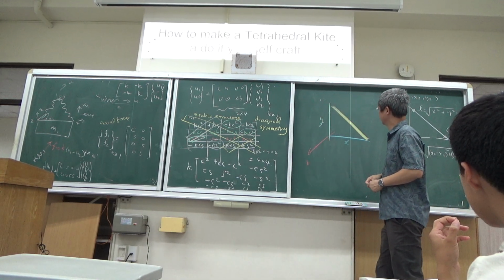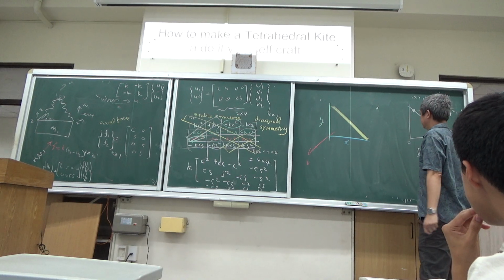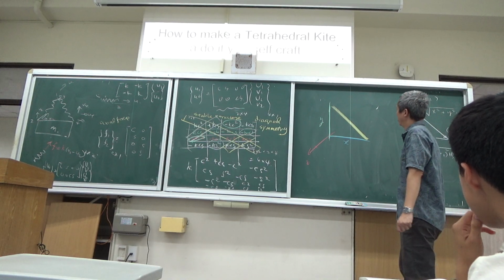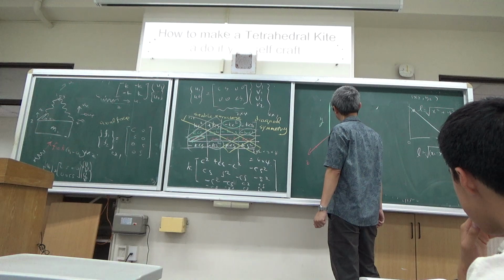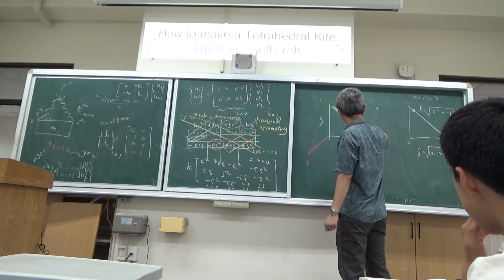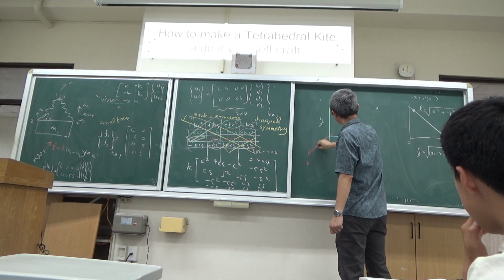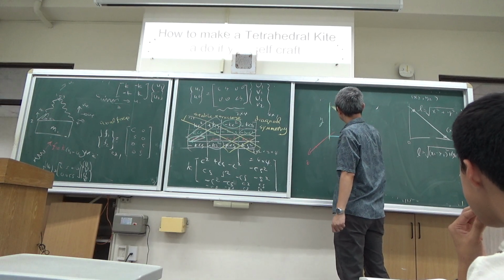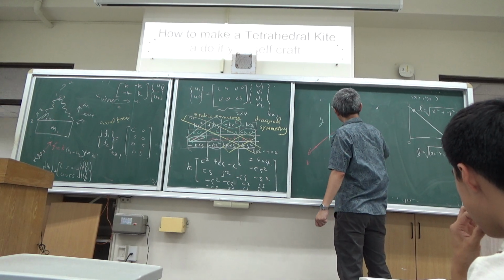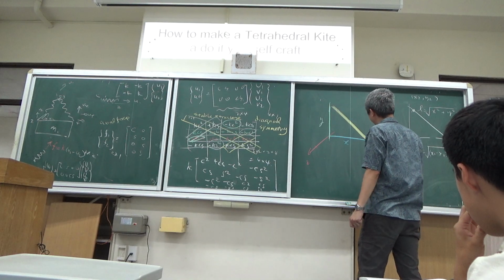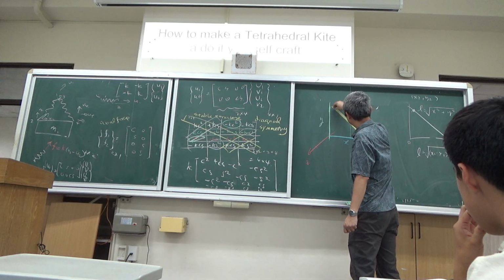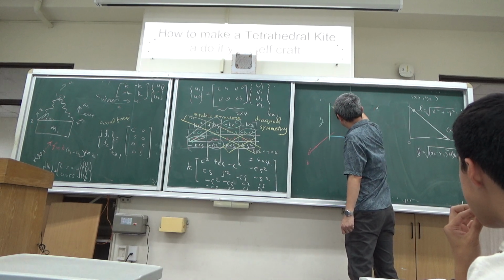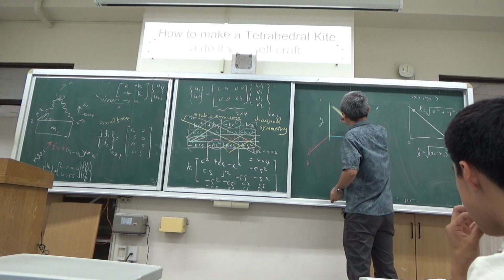Z. So if it's rotated, this is X connected to Y, this is the length. Now if you rotate this, it could be rotated.